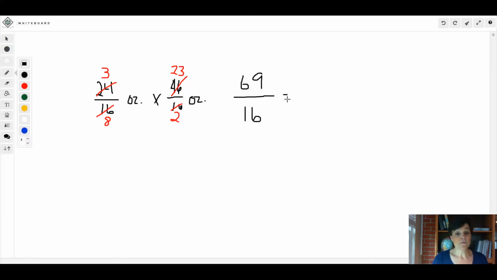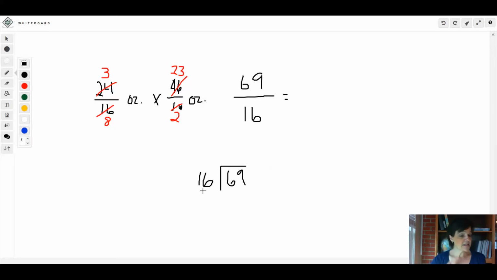Now we know for sure we need to simplify this down, and we need to make this into a mixed number. So we'll say, how many whole times does 16 go into 69? Well, let's just do some division here and find out. The number that you get up here is your whole number, so that'll be your big number here. The remainder that you get over 16 will be what's left.